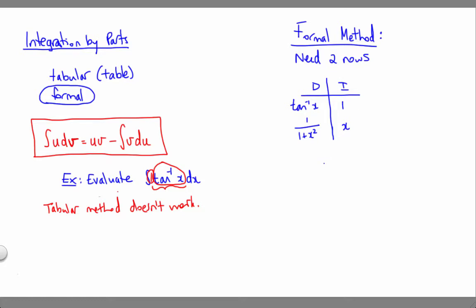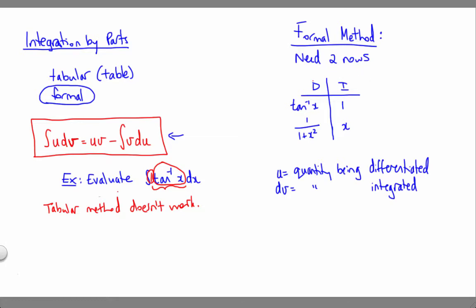Now what we're going to do is label the quantities in the table. We want to label them as u and dv, and you can see that we're setting up to use this formula. u is going to represent the quantity that's being differentiated, and dv will represent the quantity that's being integrated.